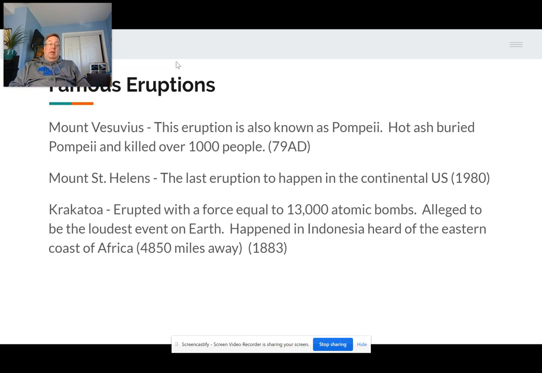Okay, however, nothing compared to the third one, Krakatoa. All right, Krakatoa is in Indonesia. Okay, it actually within the last few weeks just erupted again, but it was nowhere near what it was when it first erupted. Okay, 1883. It erupts with the force of 13,000 atomic bombs.